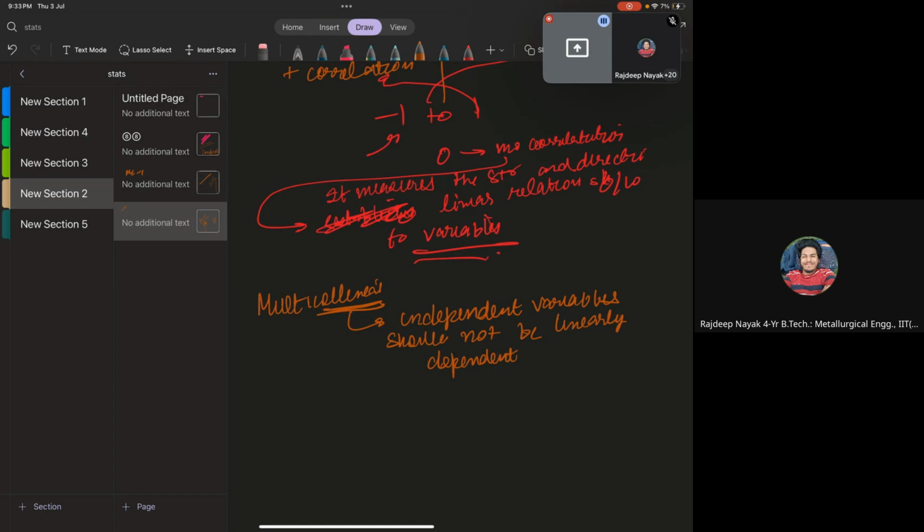Multicollinearity basically tells whether the independent variables are linearly dependent or not. Clear, everyone? That is what multicollinearity is. It helps to tell whether the independent variables are linearly dependent or not. And why is this a problem, guys?